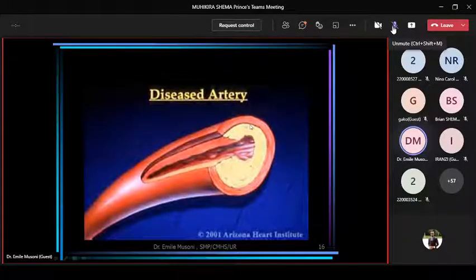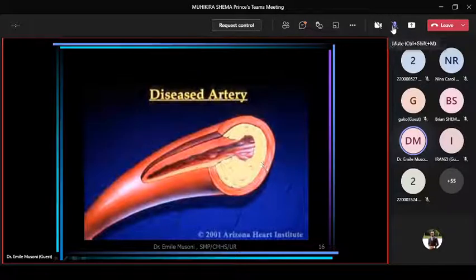This one was the total lumen of the blood vessel. Now there is accumulation of fat here. So the lumen is from here, and now this one is the lumen. Okay?